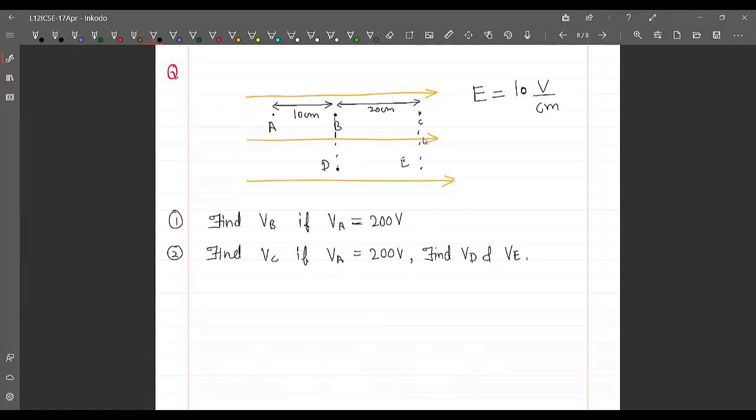Find VB, VC, VD and VE, all these four potentials.